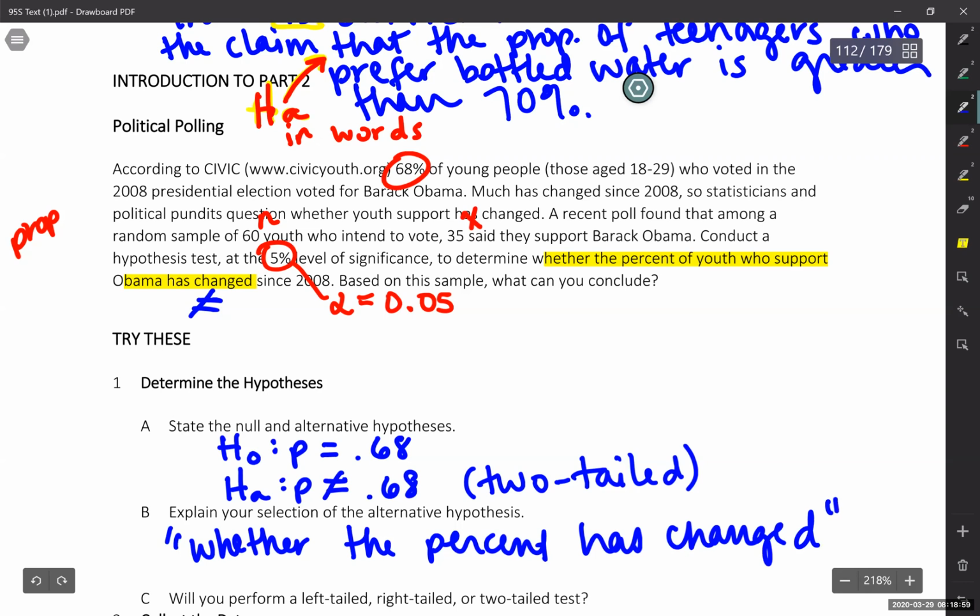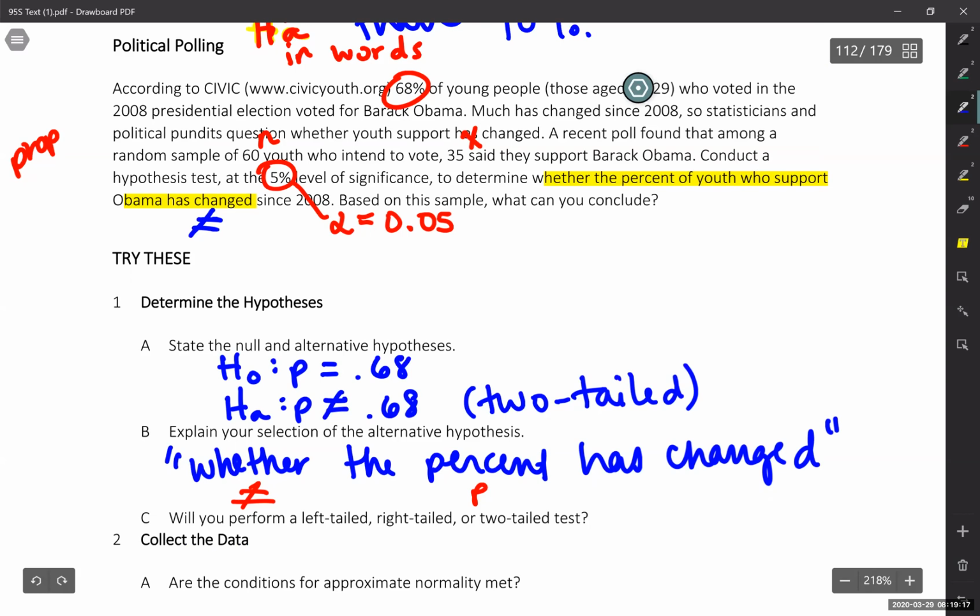So that tells us both parts of the alternative hypothesis. It tells us percent means it's a proportion, and whether it has changed is telling us the not equal to part of the alternative hypothesis. And like we said before, this is a two-tailed test.